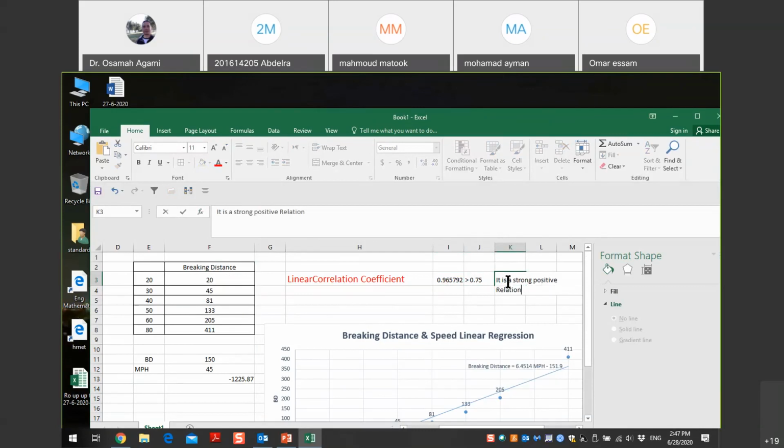The main point I would like to check here is that it is positive. The slope here also is positive, right? But the slope gives you the indication of the relation, but doesn't give you the strength like the linear correlation coefficient. This is the point. So the slope sign agrees with the sign of the correlation coefficient.